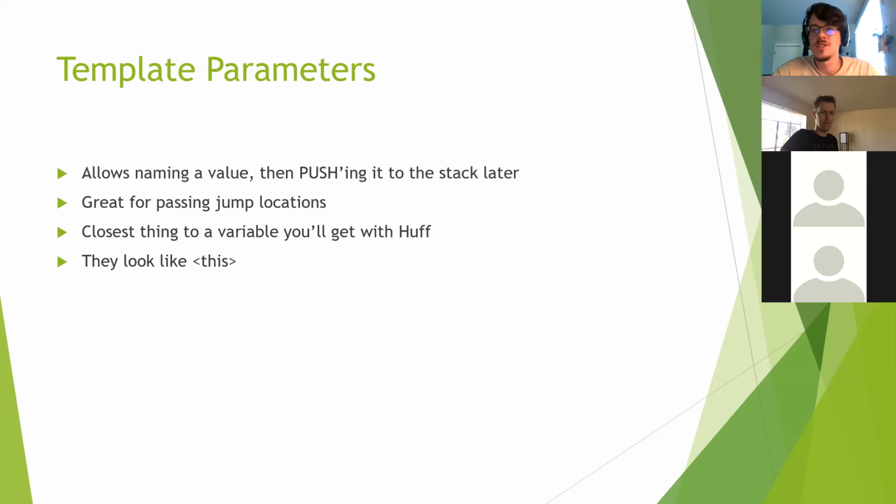It's not the best example, but it's the only one I can think of right now. But we will see more template parameters, don't you worry. They're really good for passing jump locations, and we'll see that mostly.